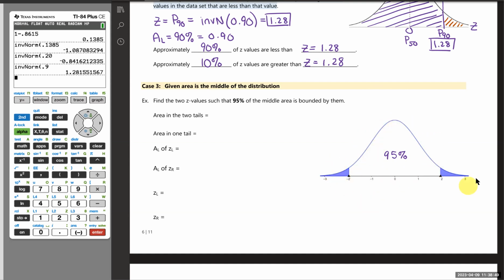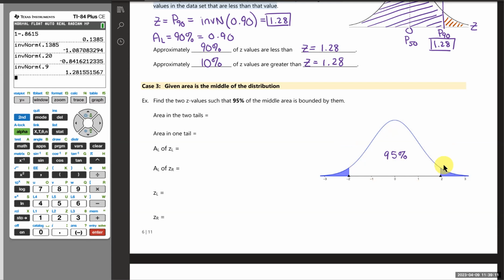When we get more extreme than that, we say values are atypical or unusual. In statistics, this 95% as a proportion or probability comes up a lot, but for now, we look for the z values that make this picture happen.